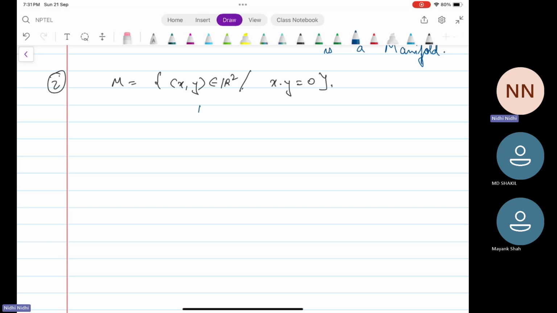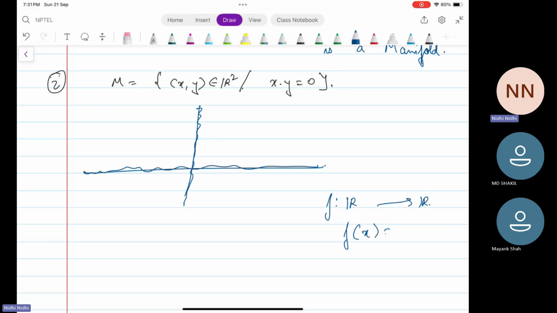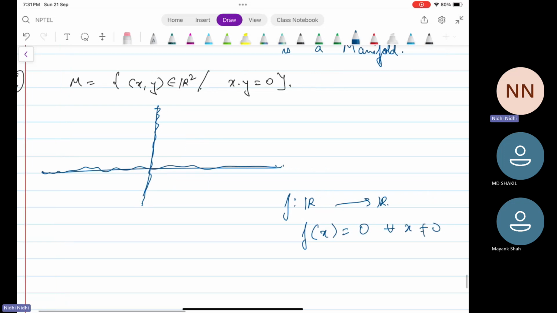If we look at the set of points, this is basically the x-axis and the y-axis. So if we define a function f from R to R, for any non-zero x I define it to be 0. In that case, I don't have any problem. But the problem is at 0.